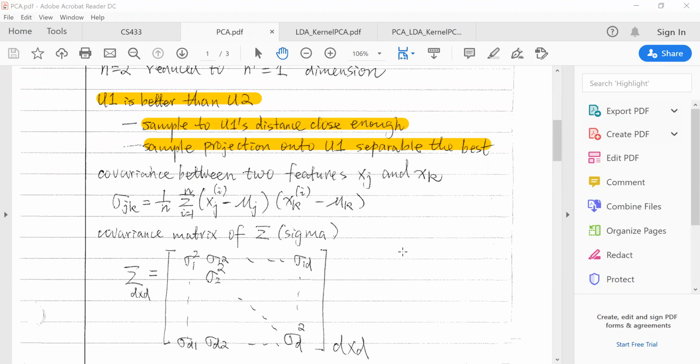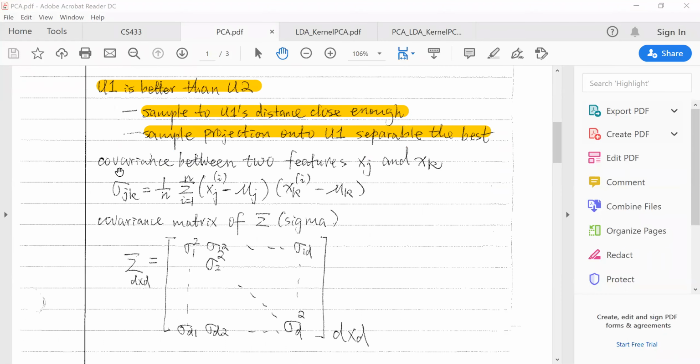The math background is that you first need to find the covariance between two features. Here, X1, X2, we call them Xj and Xk, because you may have more than two features. Then, with all of the samples for the two features Xj, Xk, you can come up with this covariance matrix, where D is the number of features.